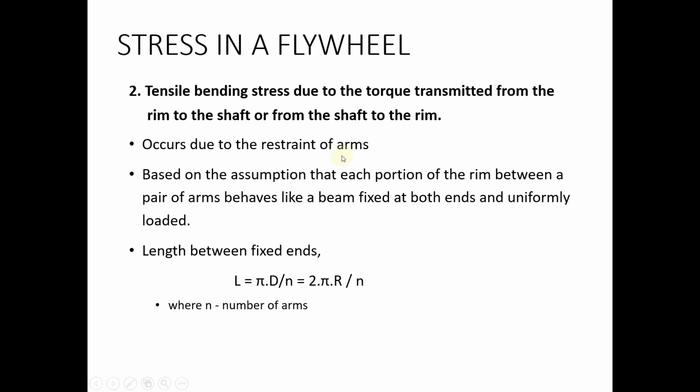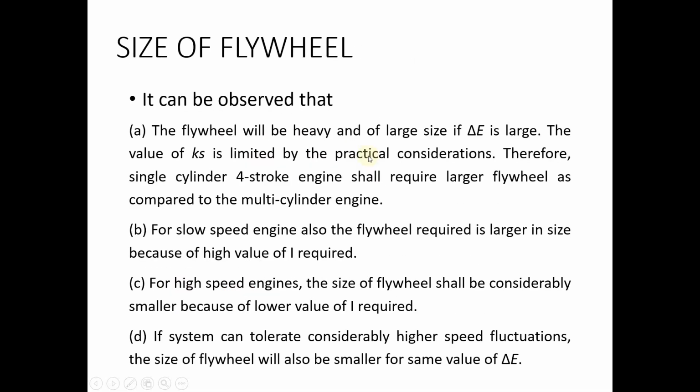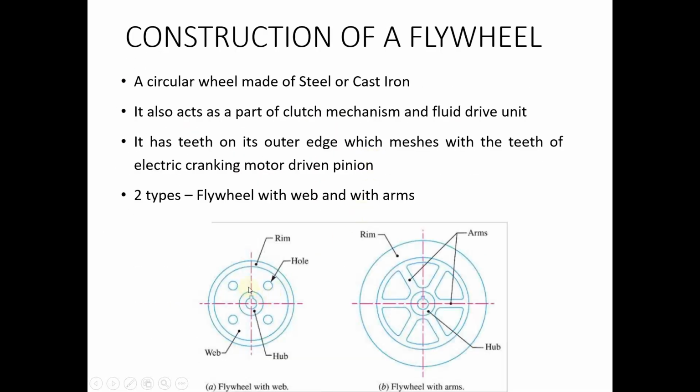The arms or the web portion of the flywheel is actually constrained, or it acts as a beam that is fixed at both the ends. Here we can see in the picture, the web portion or the arm portion is fixed at the rim as well as at the hub.